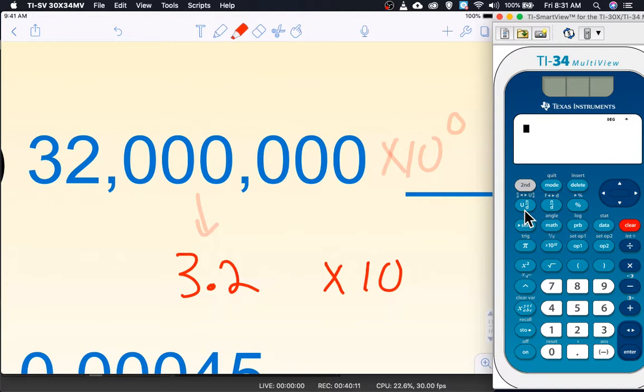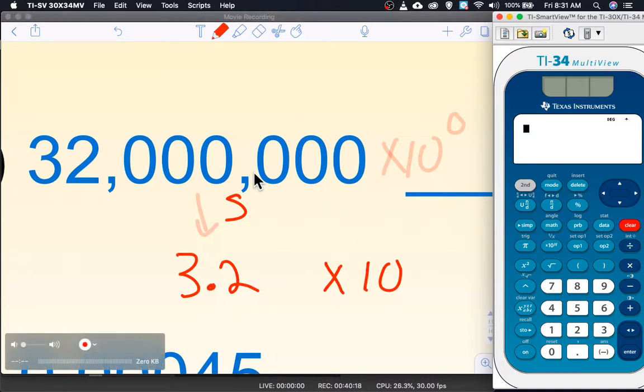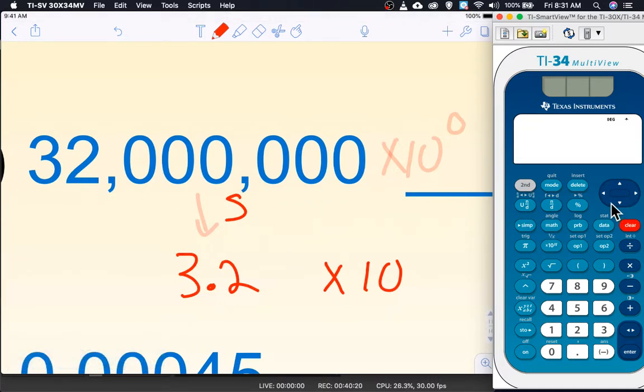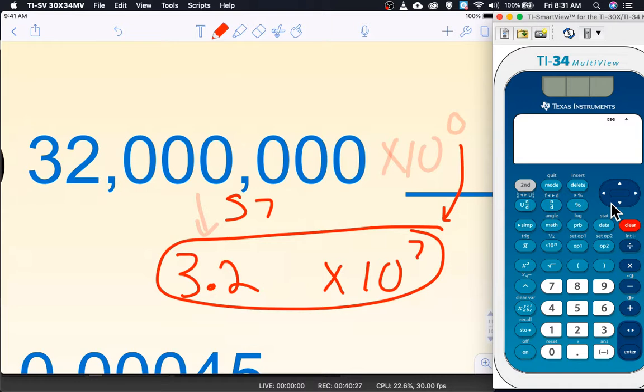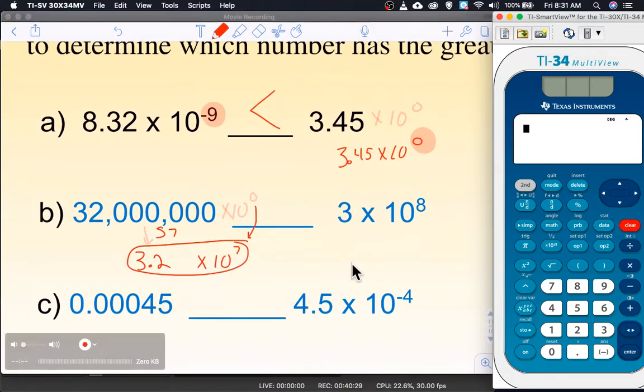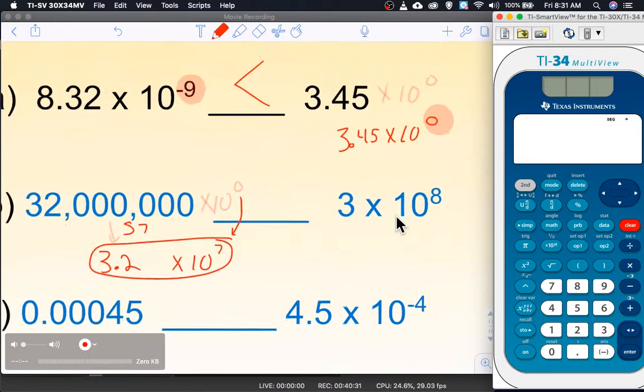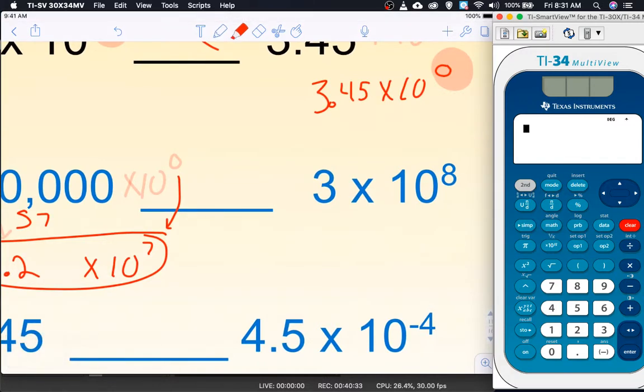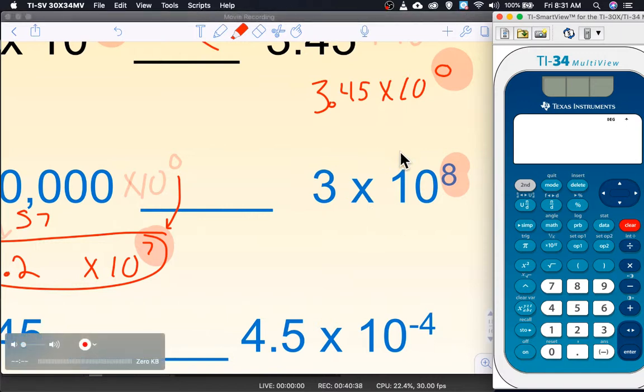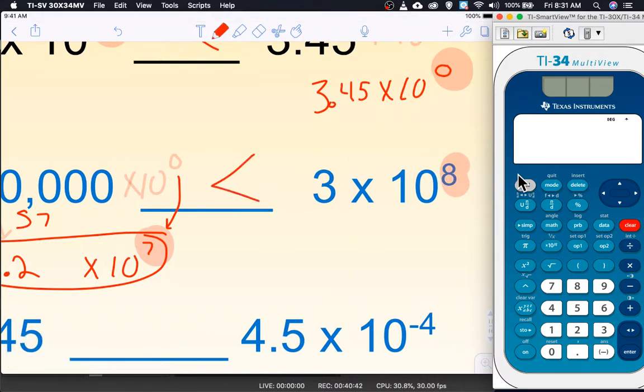It needs to get smaller by 1, 2, 3, 4, 5, 6. Smaller by 7 places, so my exponent gets bigger by 7. So I've got 3.2 times 10 to the 7th versus 3 times 10 to the 8th. In scientific notation, you look at the exponent. Boom, boom. 8 is bigger than 7, which guarantees that this number is the bigger number.